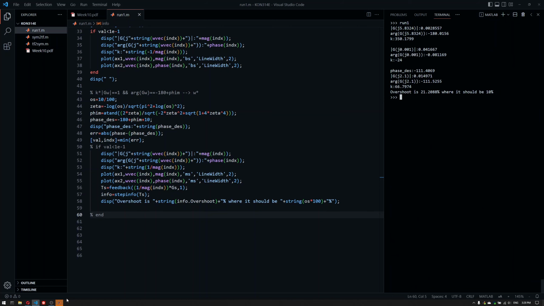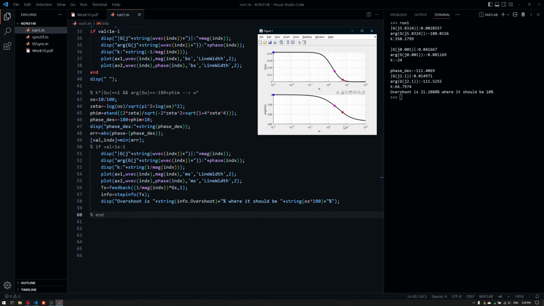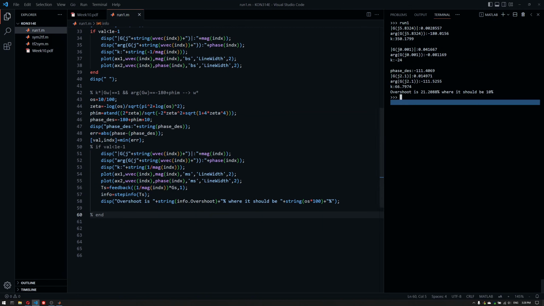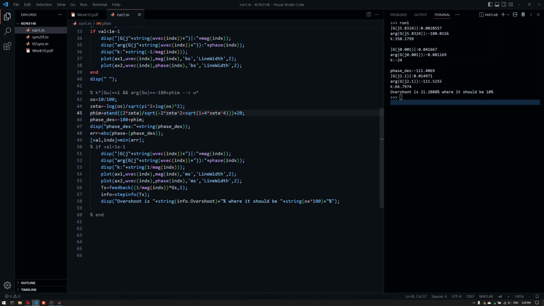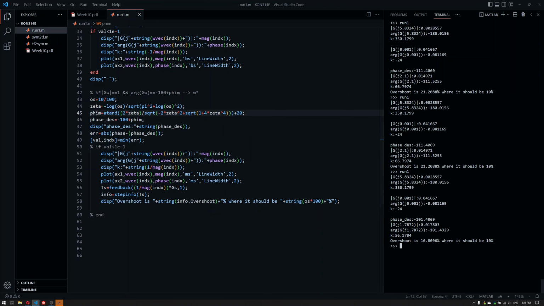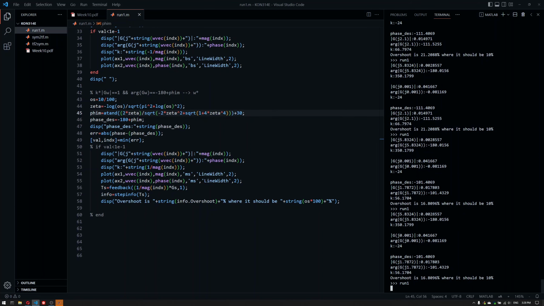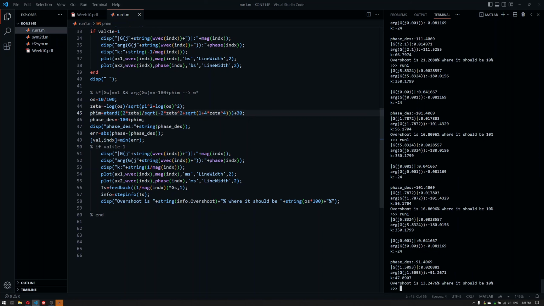Here we can see it dropped down a little bit, but we're still not there. We should maybe decrease it a little bit more, so adding maybe 20 to it. You can also assume that you should add it here, which makes more sense: a greater phase margin. 16%, maybe 30 will fix it. 13%.